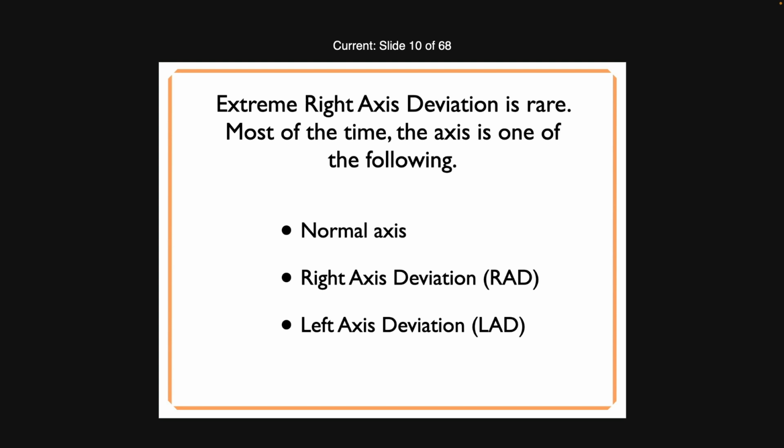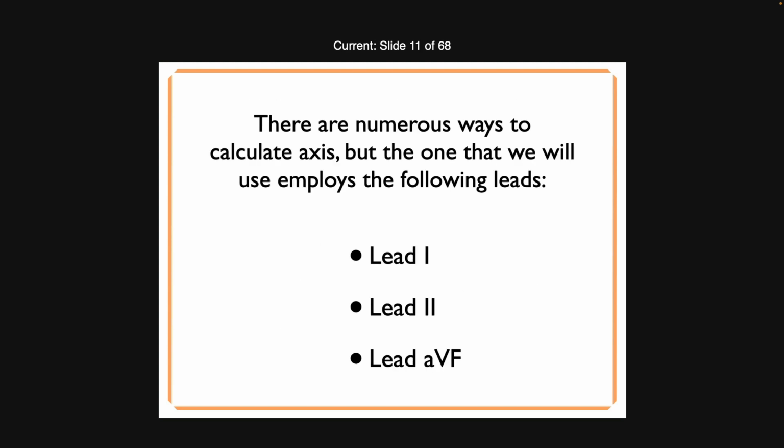Now, there's a whole bunch of ways to determine the axis from a 12 lead, but we're going to use the one that I think is simplest and most streamlined, and will get us to whether it's normal, left axis deviation, right axis deviation, or extreme right axis deviation pretty quick. We're only going to use 3 leads: lead 1, lead 2, and aVF.